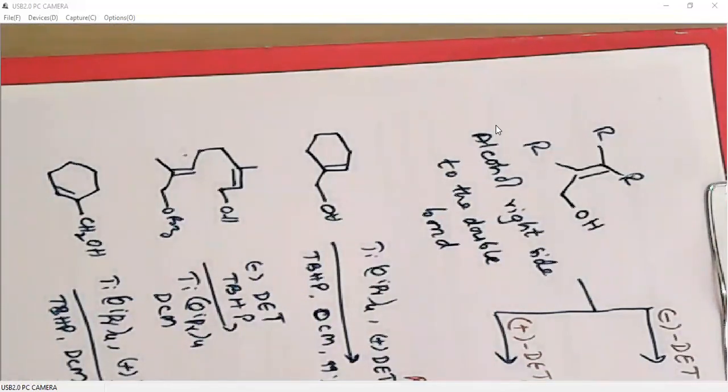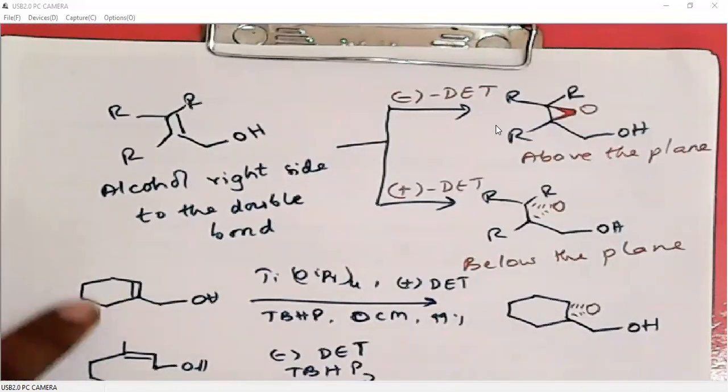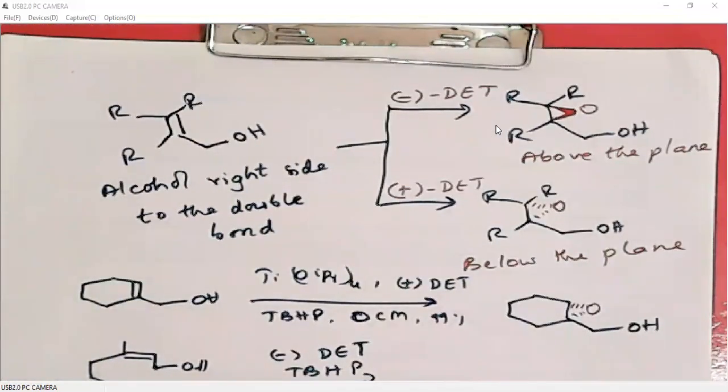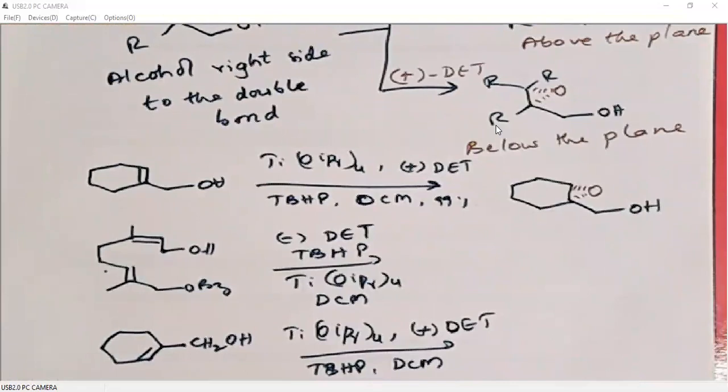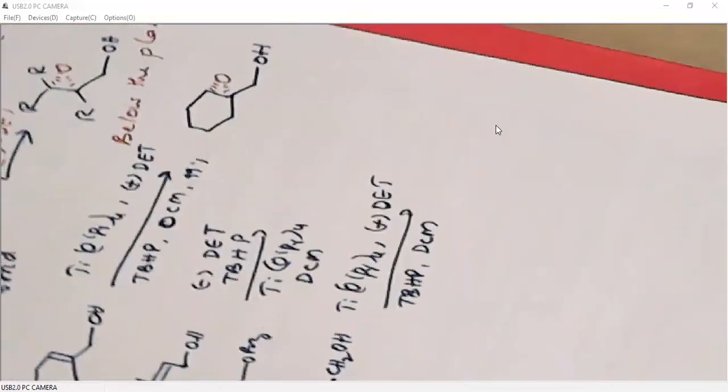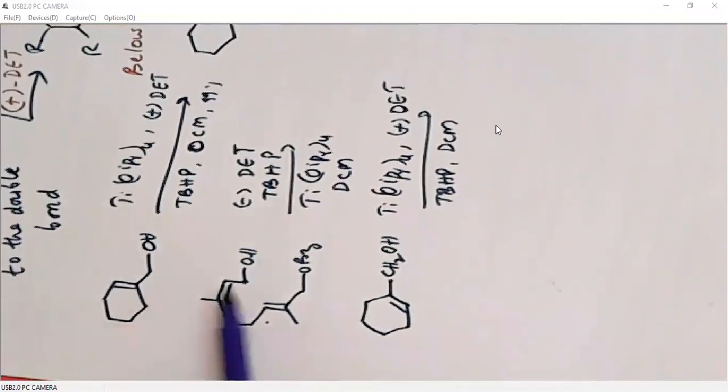Okay. So if it is direct, like in this case, take it straight away. But if the alkene is not vertical, then just turn your page to make the alkene vertical. The alcohol should be below, not above. Don't turn in the reverse direction where you are getting the alcohol above.